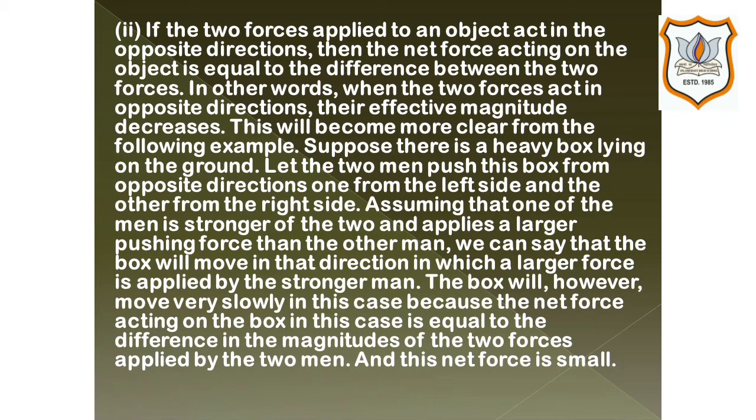The box will, however, move very slowly in this case because the net force acting on the box is equal to the difference in the magnitudes of the two forces applied by the two men, and the net force is small.